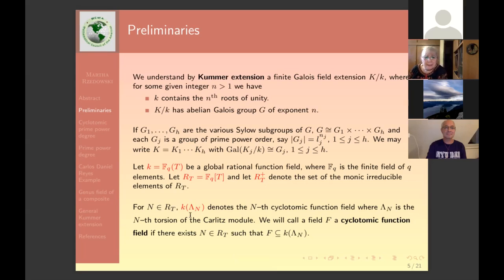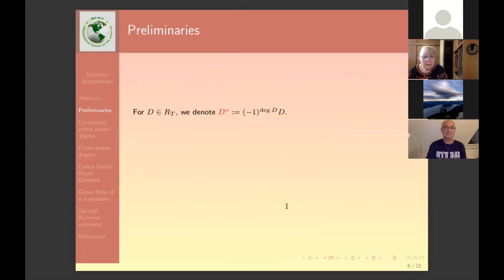And this is the classic cyclotomic field. Here we will introduce this notation for a polynomial D: this star is this expression. The corresponding one in number fields is, for a prime p, (-1) to the (p-1)/2 times p.